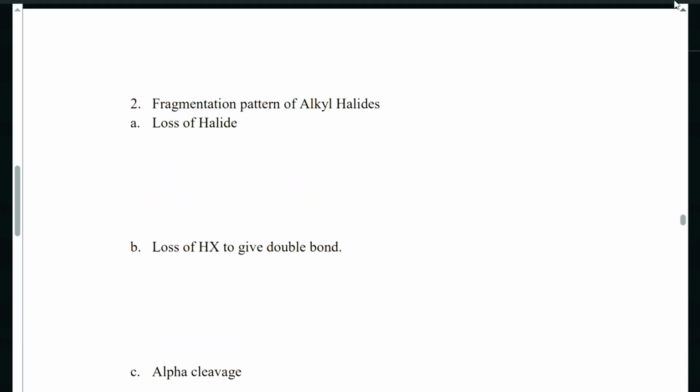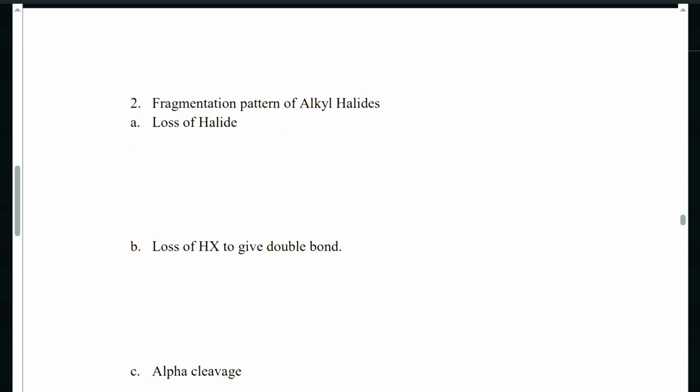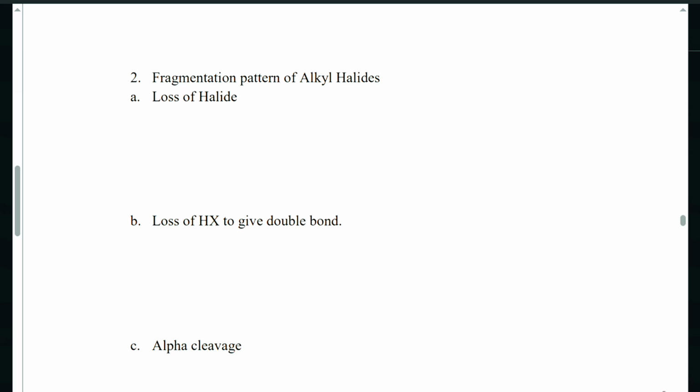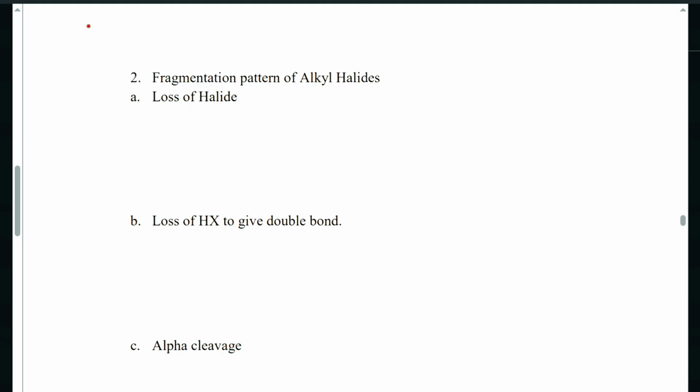So let's see. The next one is alkyl halide, right? Alkyl halide can actually fragment in three different ways: loss of halide, loss of HX, and alpha cleavage. So let's see the fragmentation pattern of alkyl halide with an example.